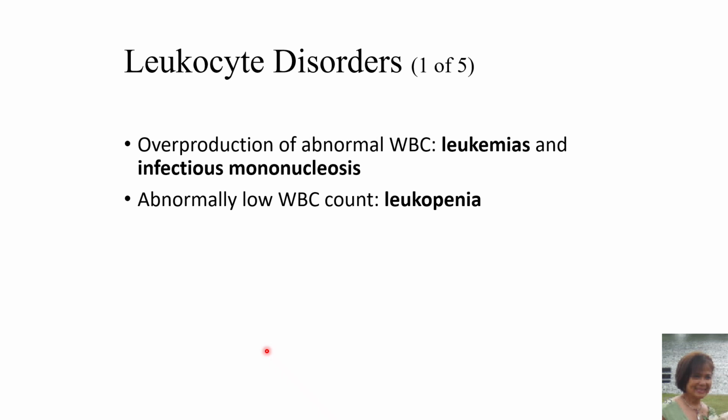Although leukemia can be drug induced, most particularly if you are receiving anti-cancer drugs or glucocorticoids. Removing those anti-cancer drugs can actually bring your white blood cell count back to normal.